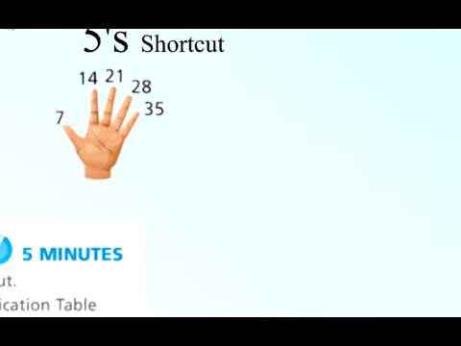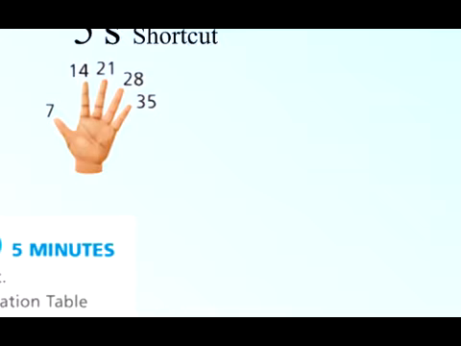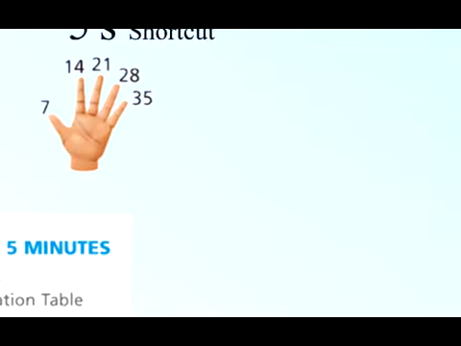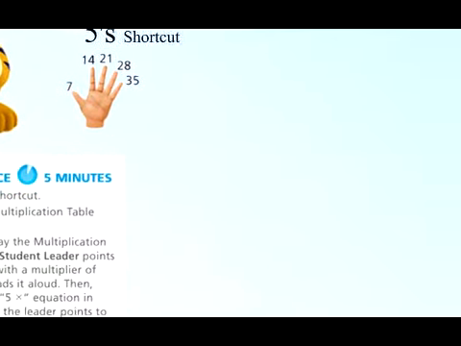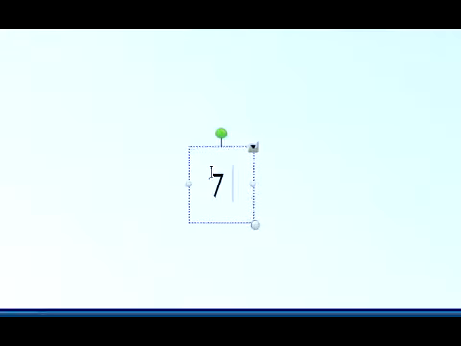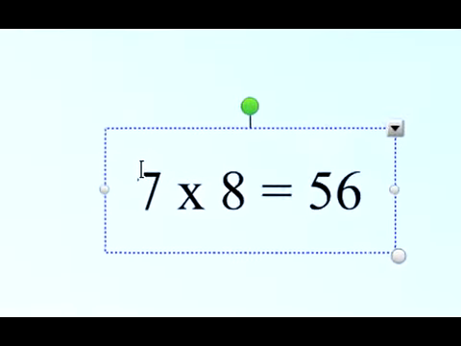Now put up your left hand, 3 more fingers. So we have 35 plus 7 is 42, plus 7 is 49, plus 7 is 56. So we know 7 times 8 equals 56.